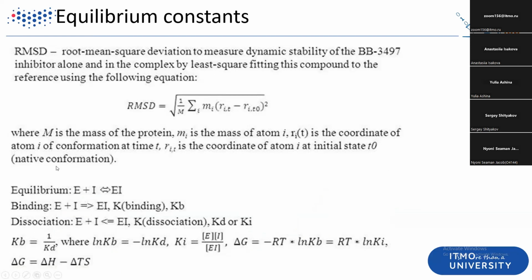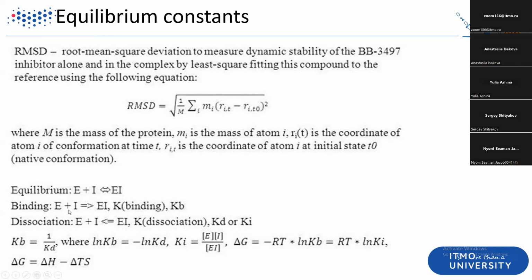Here there are also some equations for how we can determine the equilibration, dissociation and association constants. I will just give some overview of what will happen in a protein-ligand, or cyclodextrin, system.